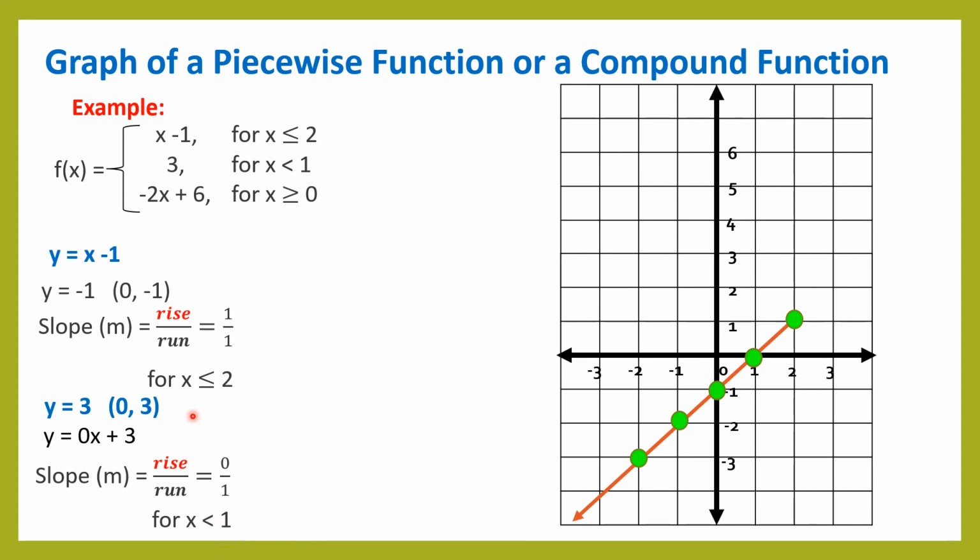So, let us graph. 0, 3. So, papunta dito. So, nandito siya. Rise ng 0. So, hindi ka tataas. Magra-run ka lang ng isa. So, dito. Next. Okay. Then, sa kabila, ganun din. Then, sabi niya dito ay less than 1. So, eto yung 1 natin.